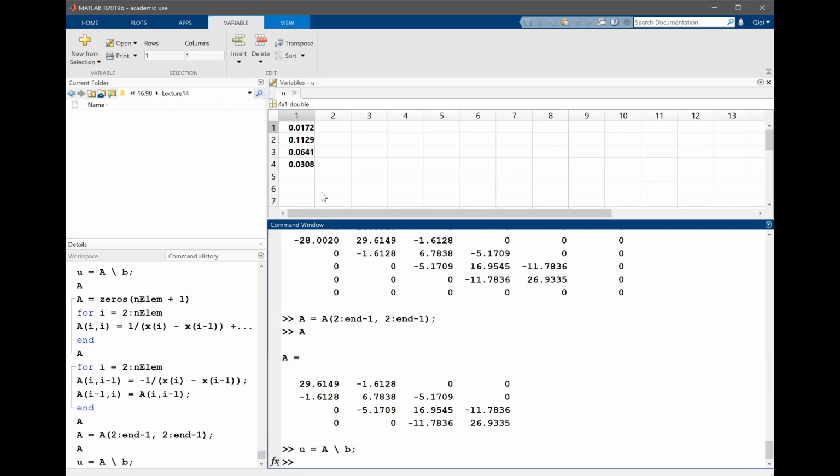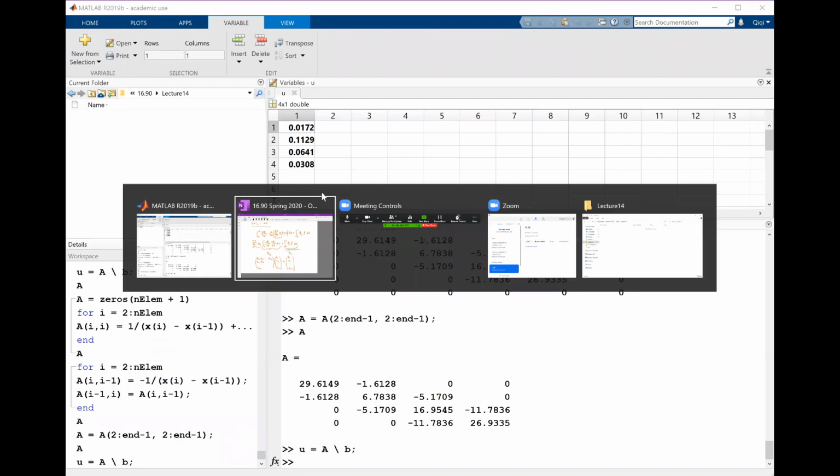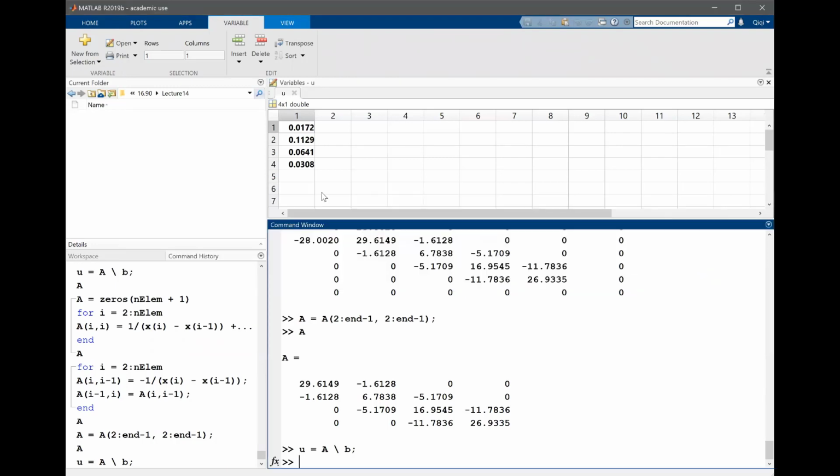Because remember, the equation is the second derivative of U plus F, which is 1, equal to 0. Which means the second derivative of u is negative 1. So it's a parabola that goes up from 0 to the top at x equal to half and back to 0 at x equal to 1.